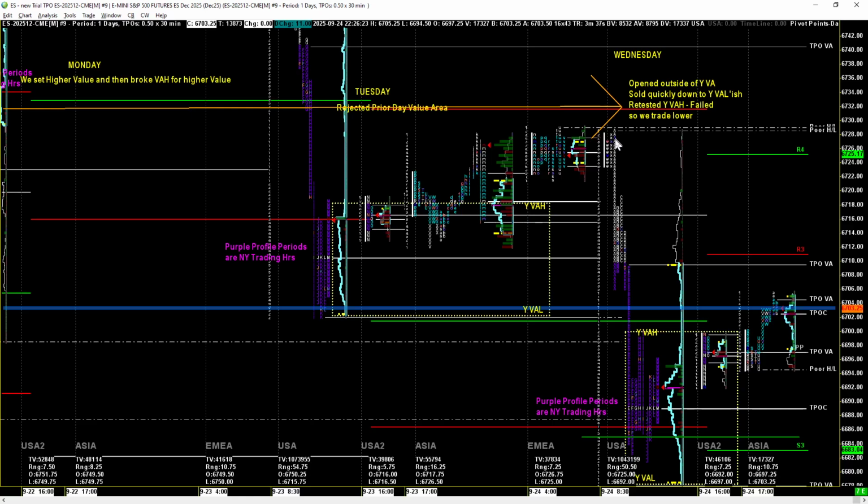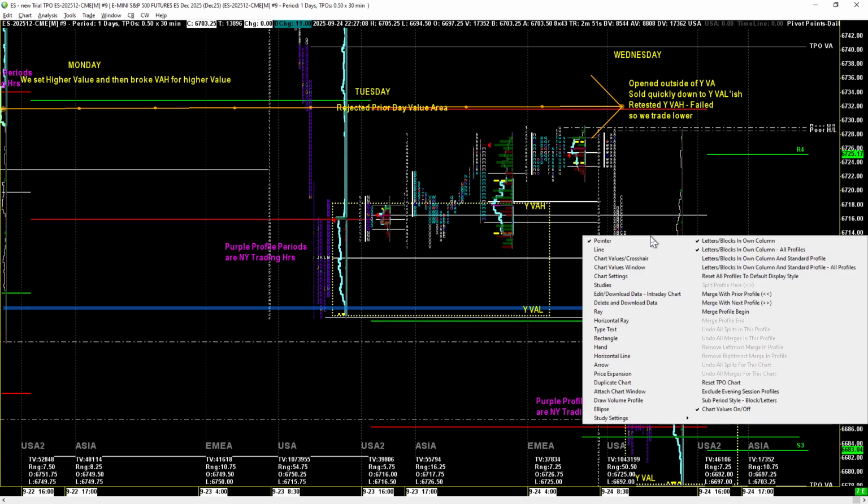So we open up here and immediately sell down. I'm paying attention to where value was the day before. It's rejected prior day value, and we had traded all the way through it the day before, right? That was that. So, didn't have time for an entry here. I did have a time for an entry back there.